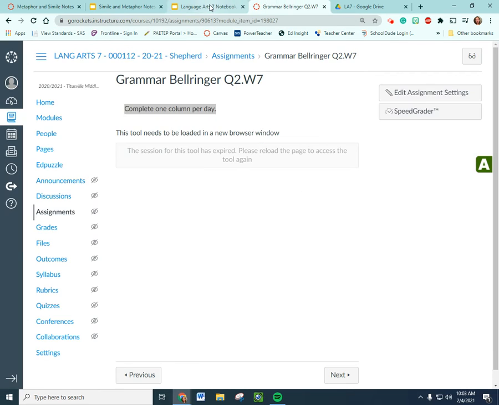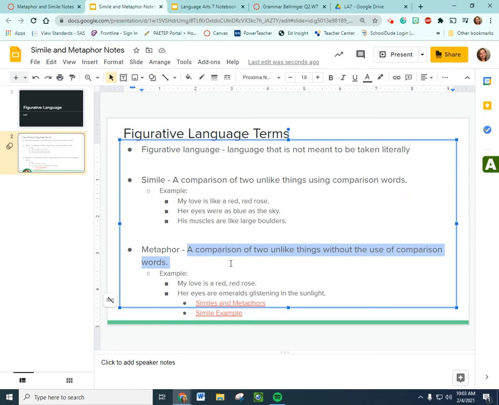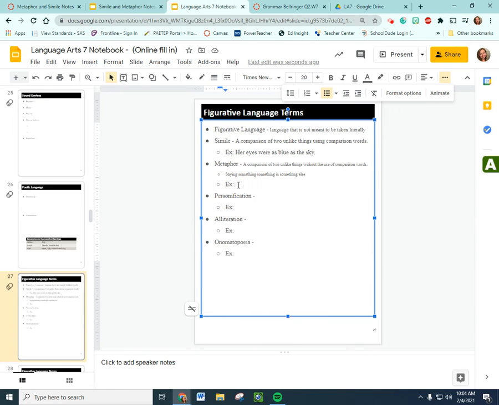Okay, and let's look at the examples that we have here. My love is a red, red rose. So again, saying that something is something else. Her eyes are emeralds glistening in the sunlight. They're not like it, they are. I'm going to take that example and paste it into my notebook.